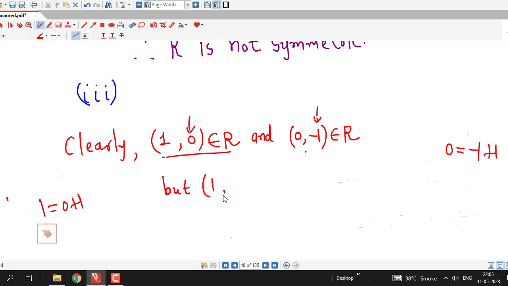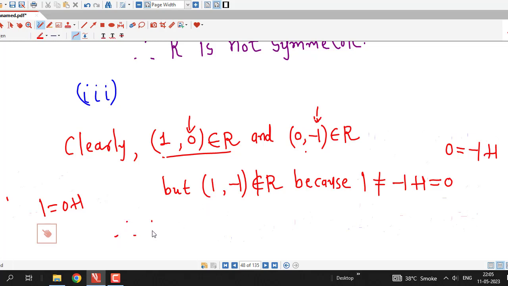But (1, -1) is not in R because 1 is not equal to minus 1 plus 1, that is 0. So this property is not satisfied, that the first component equals the second component plus 1. Therefore R is not transitive on this set of integers.